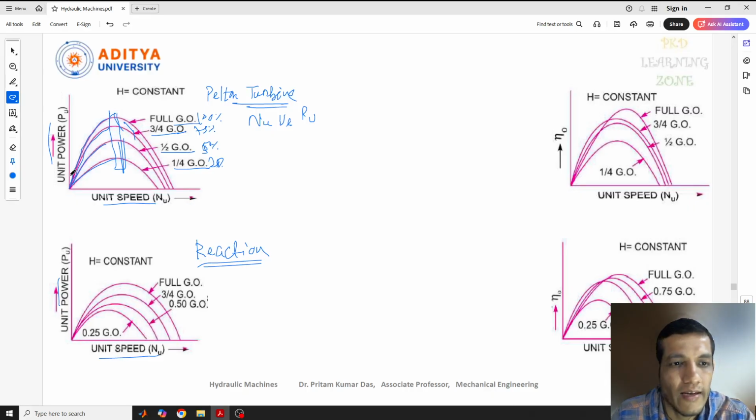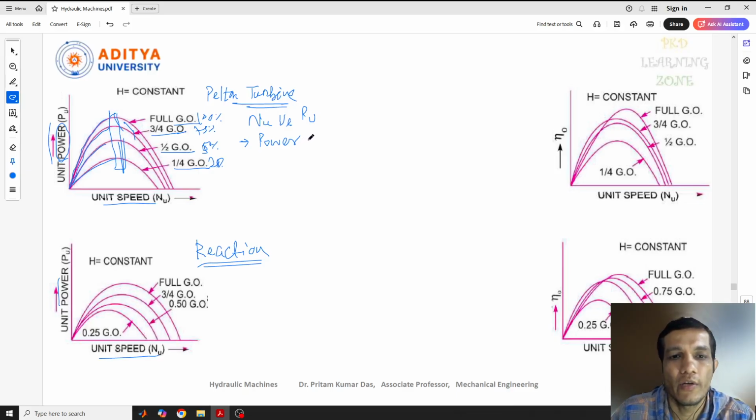As the speed increases, as we have seen, the Pelton turbine is an impulse turbine, a tangential flow turbine. One thing to keep in mind is how the power is produced.